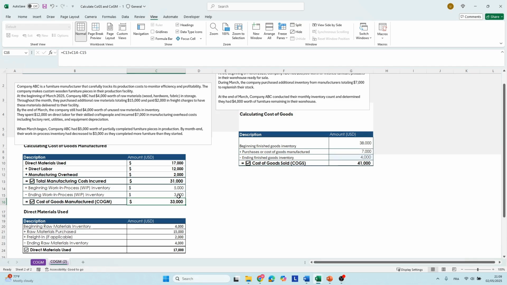And we get the cost of goods manufactured. The 12,000 for direct labor, it's okay. And the manufacturing overhead cost is 7,000. And we get the total cost of goods manufactured of 38,000.